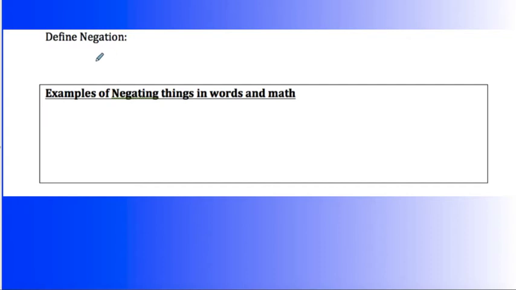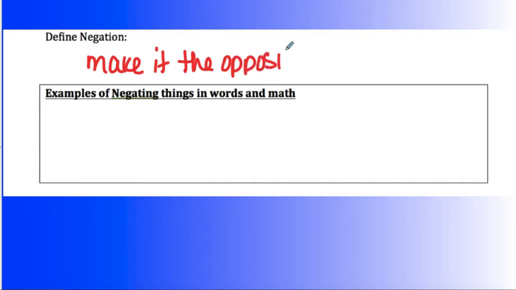All right, negation. So negating something in math or in general means to make it the opposite. It's like making it untrue, okay? So if I want to negate, I can use the word not. If they are not vertical angles, I can actually use the symbol. Like if I was using P and Q, I could put this symbol in front of it.